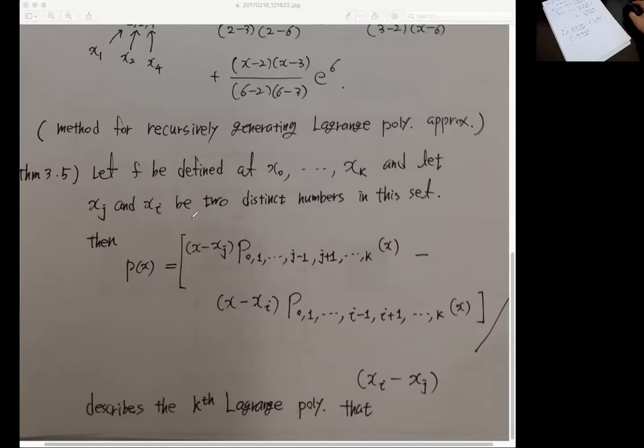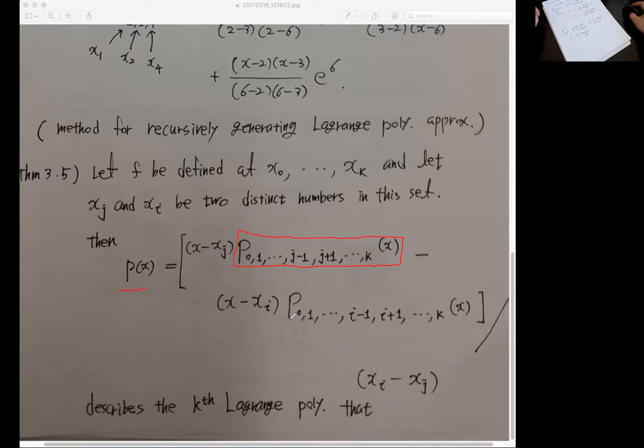Now p of x is equal to x minus xj times p0,1 through k except for j. We know what that means, right? This is a Lagrange polynomial approximation that agrees with function f of x at x0 through xk except for xj.